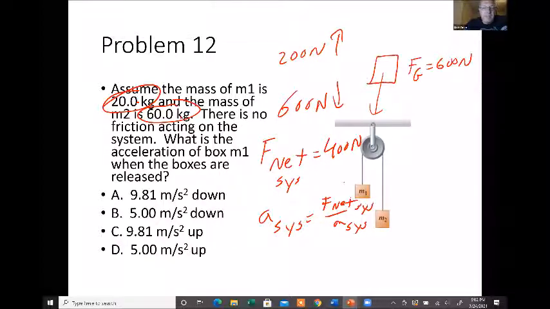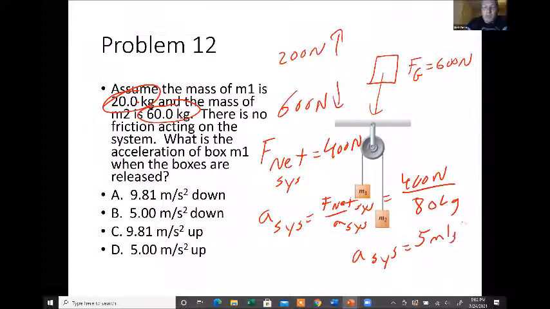F net system divided by mass of system. So the net force acting on the system is 400 newtons. The mass of the system is 80 kilograms, and therefore the acceleration of the system, and therefore the acceleration of each box, is 5 meters per second square.